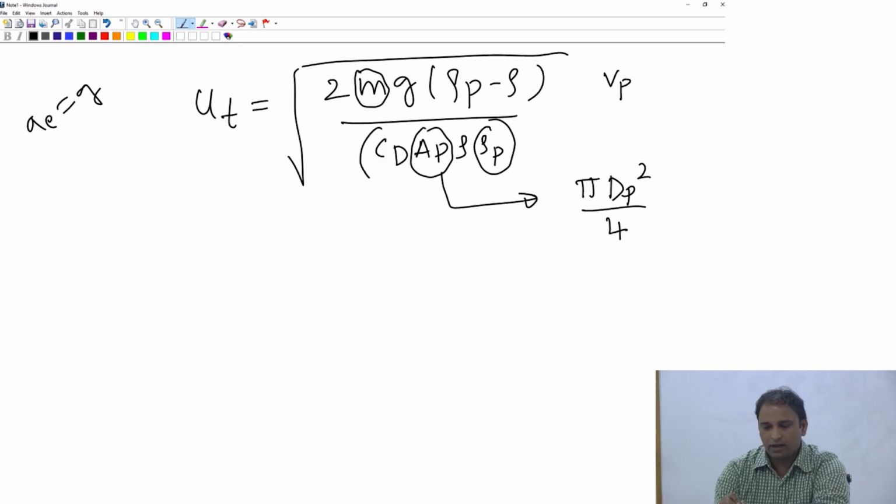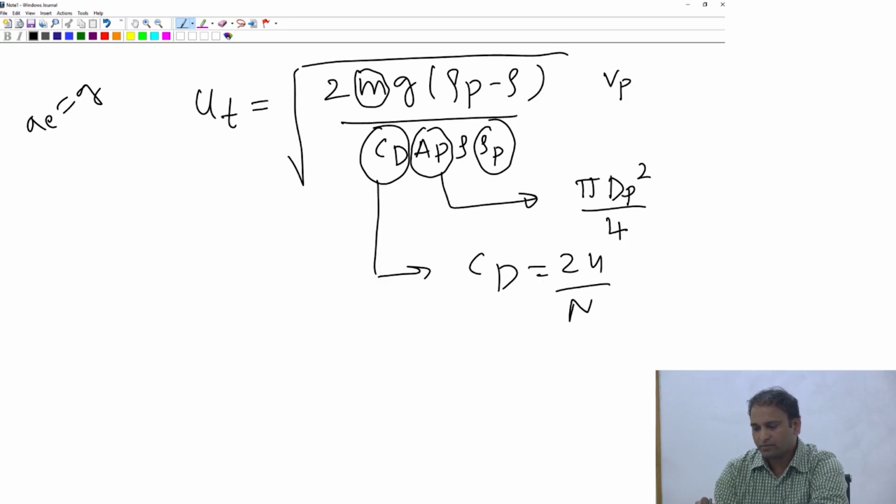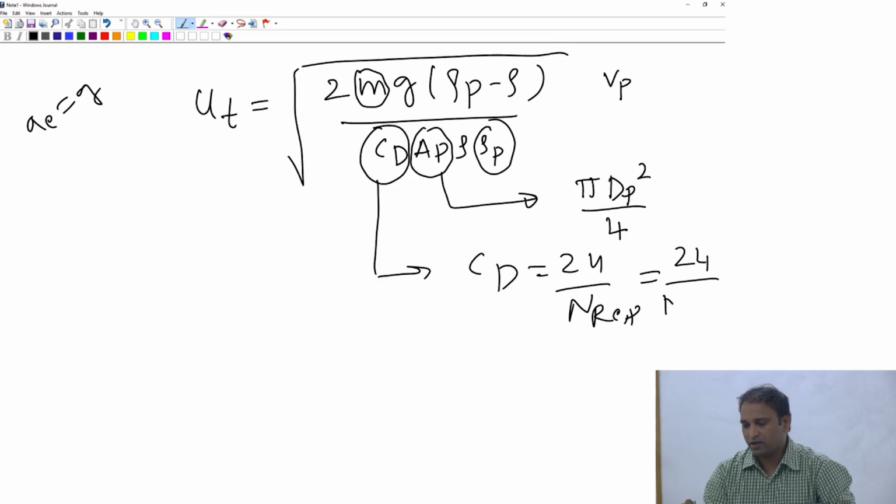And CD, as we have been saying, is 24 divided by the particle Reynolds number, REP or NREP. Therefore, that is 24 divided by dp ut rho divided by mu, where mu is the viscosity of the fluid.